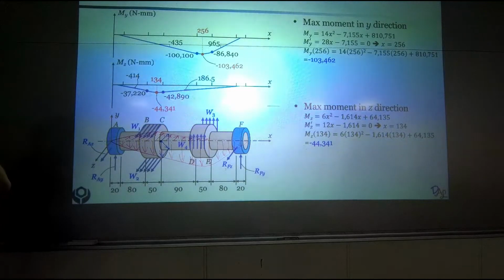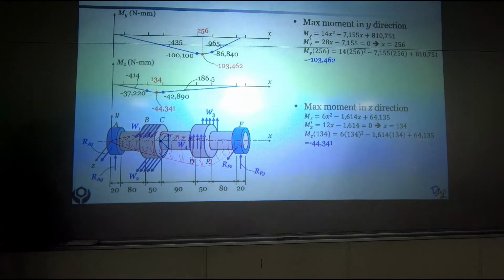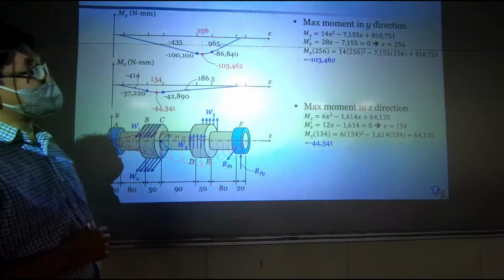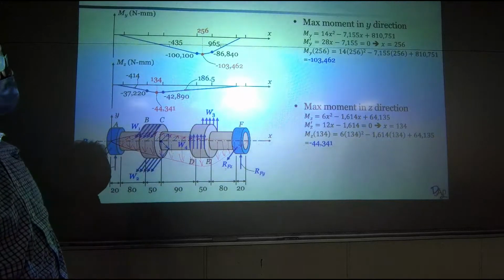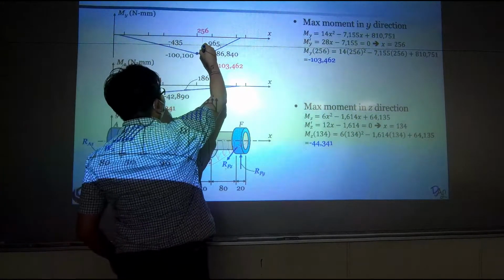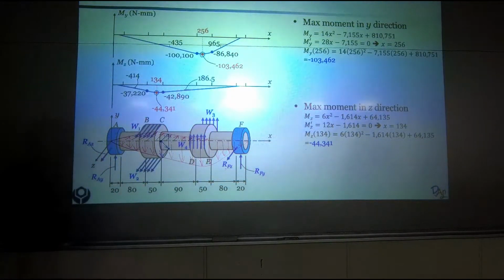So now what we need to do is to figure out at which point we will have the largest bending moment. So the way I try it is to find what's the largest moment along Y and what's the largest along Z. So I was trying to find the maximum ones along Y and Z directions.